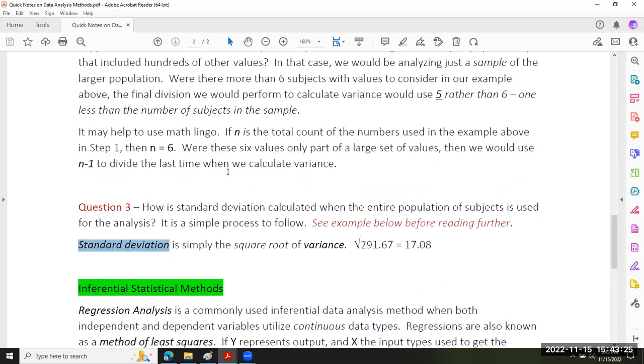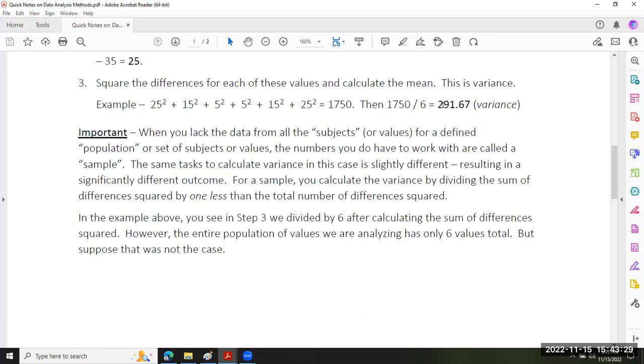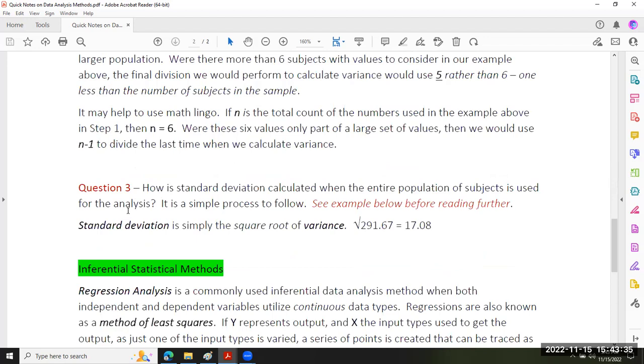So if you've gone to the trouble of calculating 291.67 and you take the square root, now you have a value that helps us understand by how much values deviate from the norm, right?